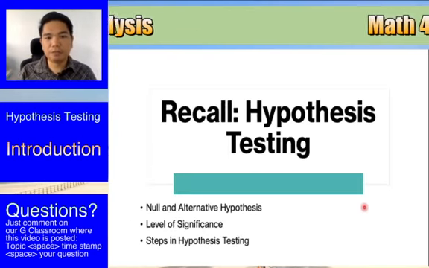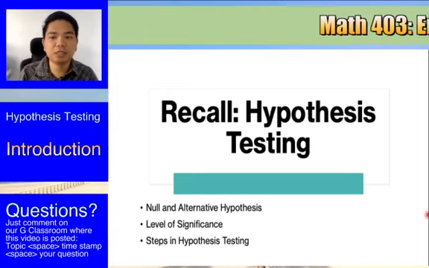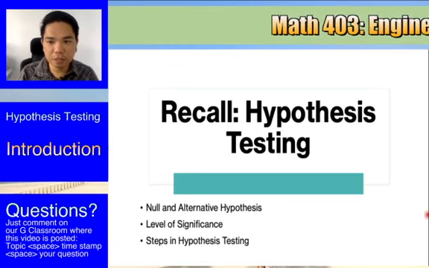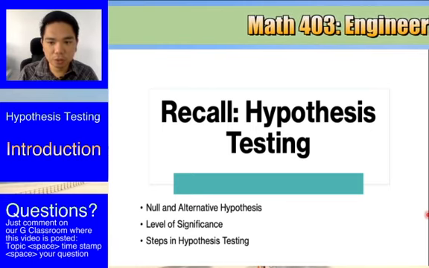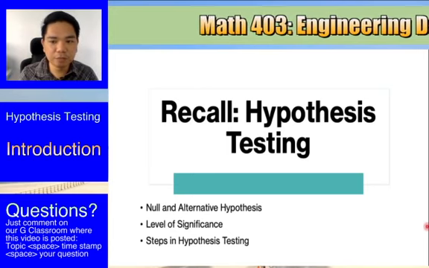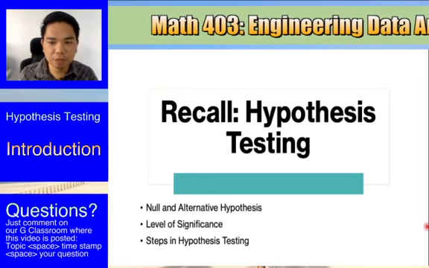Now, recall hypothesis testing. Hypothesis testing is a decision-making process for evaluating the claims about a population. The goal of this process is to make judgment about the difference between the sample statistics and hypothesis population parameter.